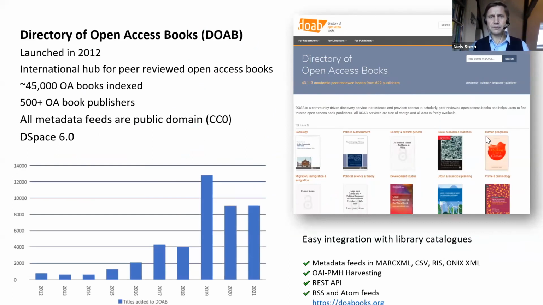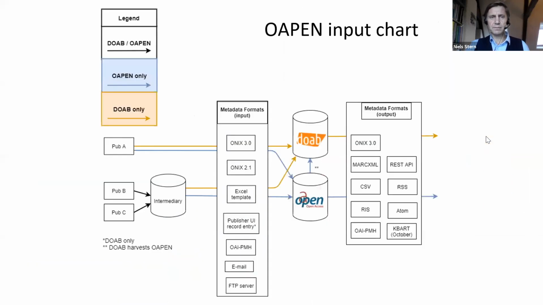We have a lot of publishers coming in from many parts of the world, and we work with trusted platforms like SciELO in South America, Project MUSE in North America, and other platforms as well, including OAPEN. All metadata feeds coming from DOAB are public domain, and DOAB sits on the same technical platform as OAPEN, with the same integration potential and possibilities as the OAPEN Library.